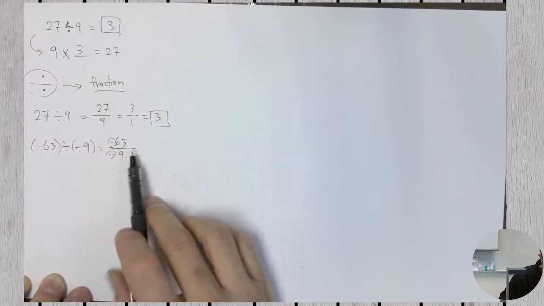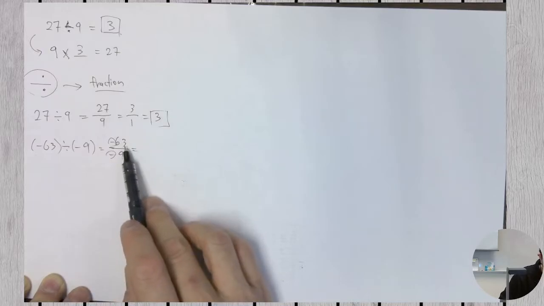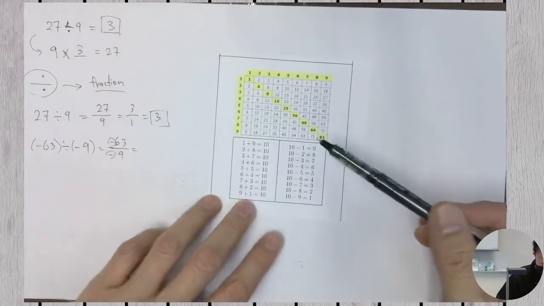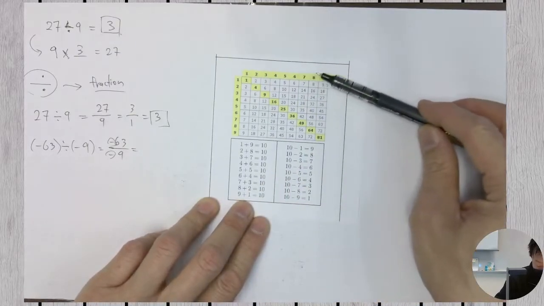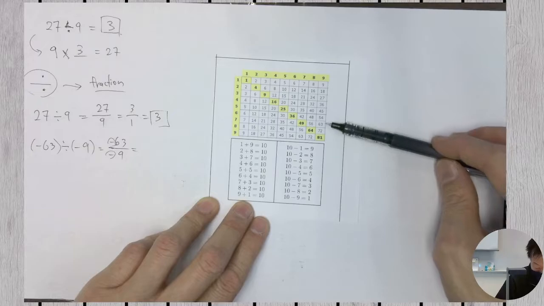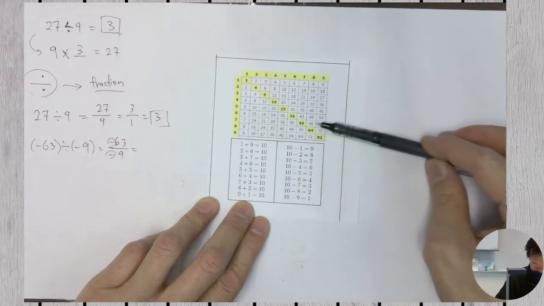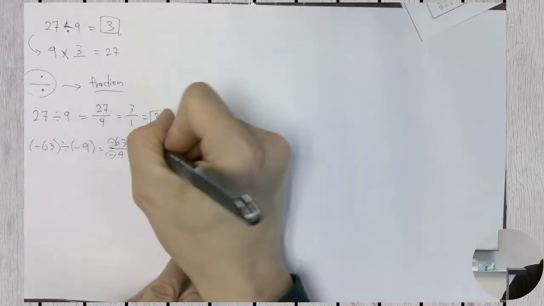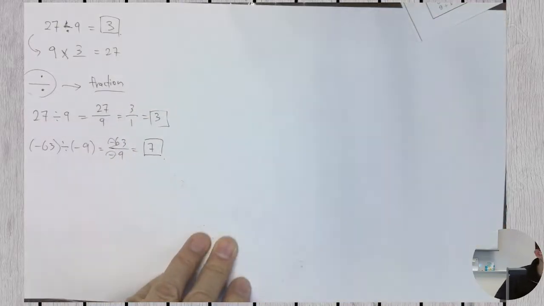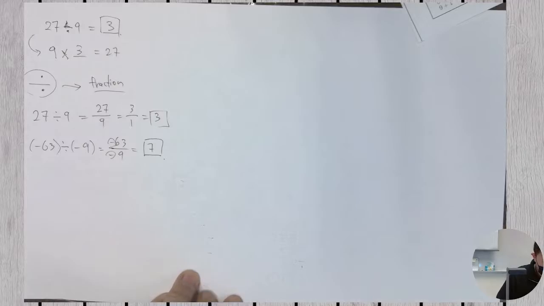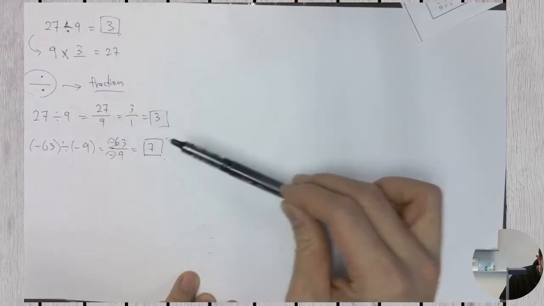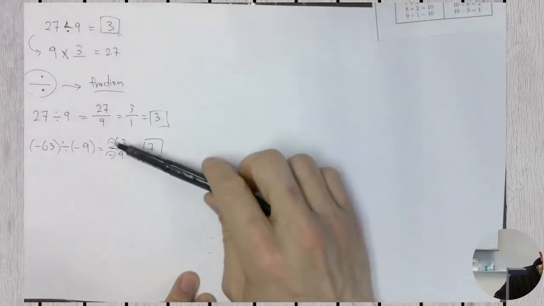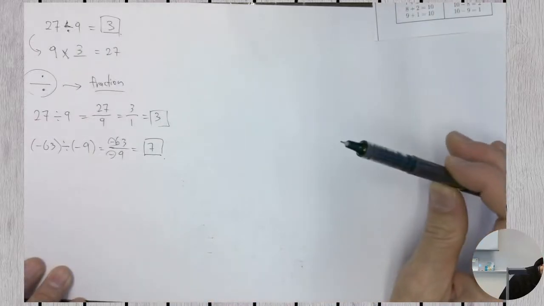And here we are looking at how many 9s we can take out of 63. If you don't know your multiplication by heart, 63 over here and 9, it's 9 and 7. So 9 times 7 is 63. 63 divided by 9 gives you 7. All good. So the tricky part maybe for you is the multiplication table, or maybe the signs here that you have to make sure you know.